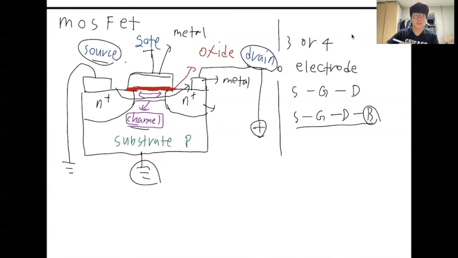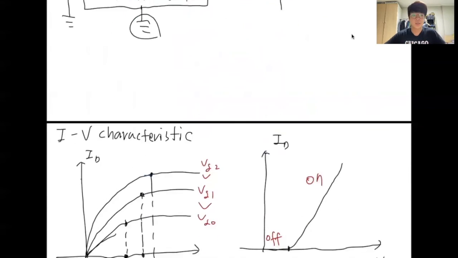By inversion, the MOSFET makes a channel for electrons to travel from source to drain. So it can function as an electrical switch between source and drain.